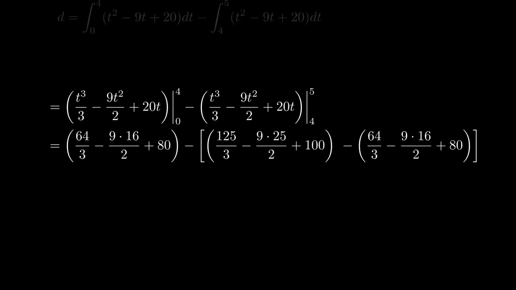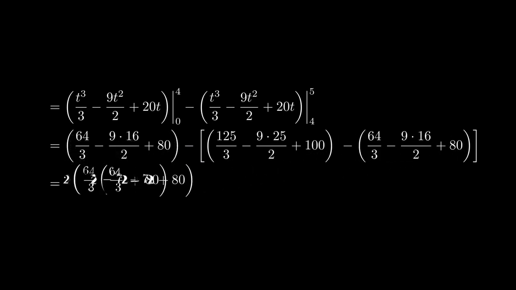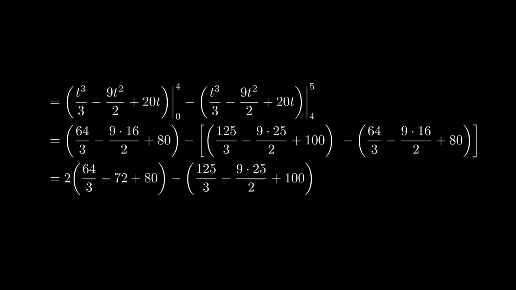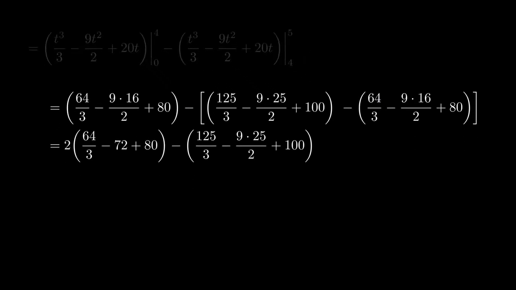So now just be careful of the brackets and the minus signs. Make sure that you've got it all together like this. Okay. You'll notice now that we have 2 of those things because in the second integral, it's a minus and negative. So 2 of those. So it's just simplifying here.